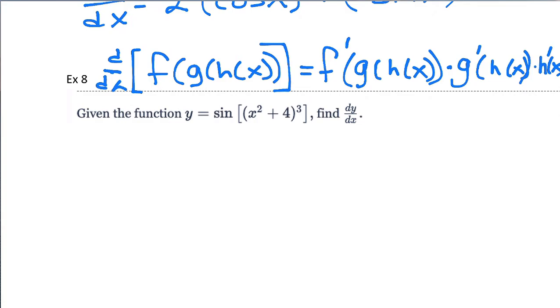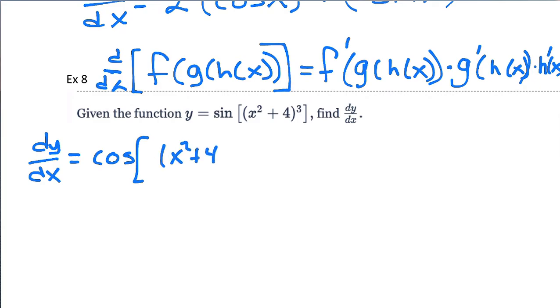So if we have this one, we're going to differentiate this. dy/dx is equal to, so the sine is the outside function, so we're going to differentiate that first. Cosine. We're going to leave x squared plus 4, to the third, alone. Now we're going to differentiate the x squared plus 4 to the third.